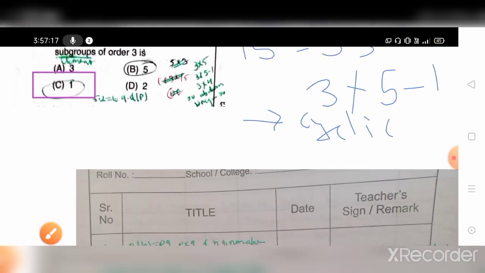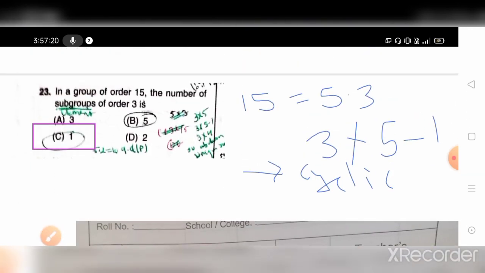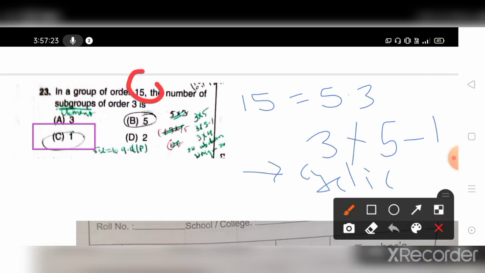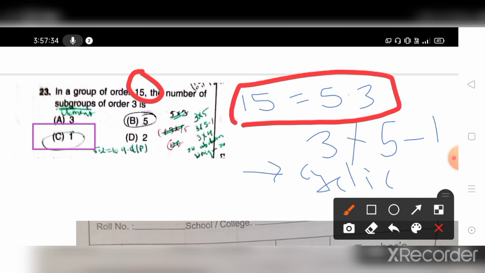Next question. Given a group of order 15, find the number of subgroups of order 3. Here 15 is written as the product of primes 5 times 3, and 3 does not divide 5 minus 1, that is, 3 does not divide 4. Therefore this is cyclic.